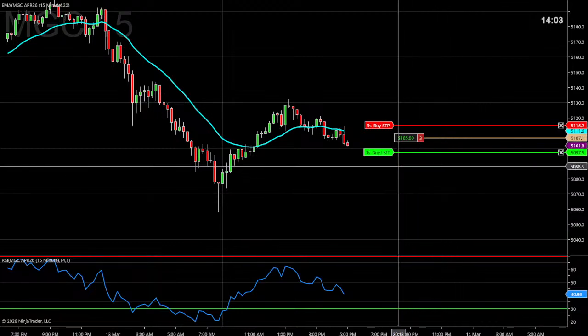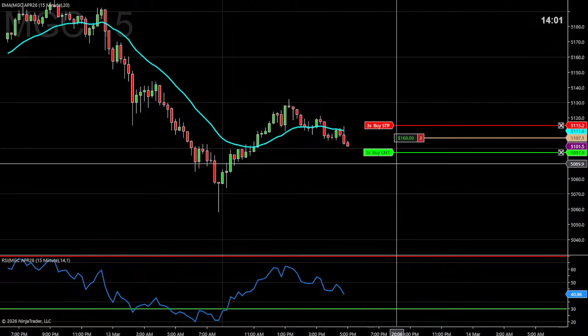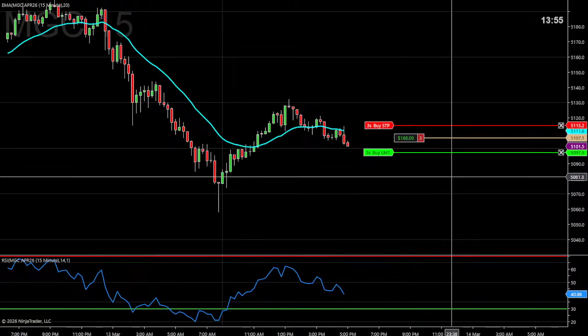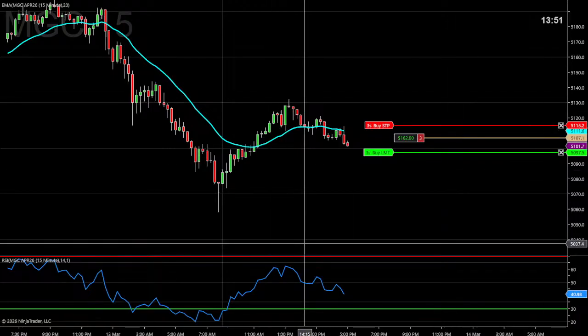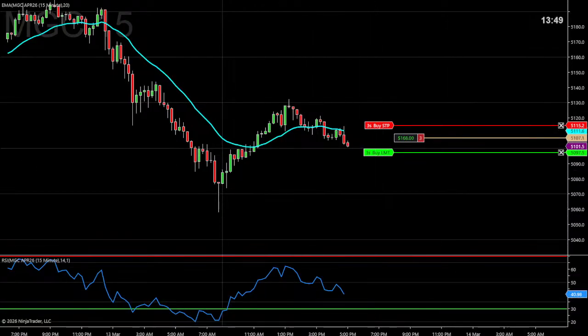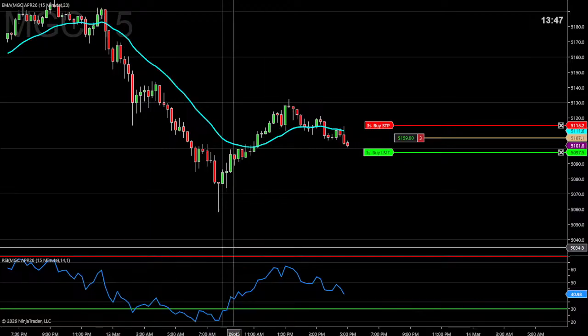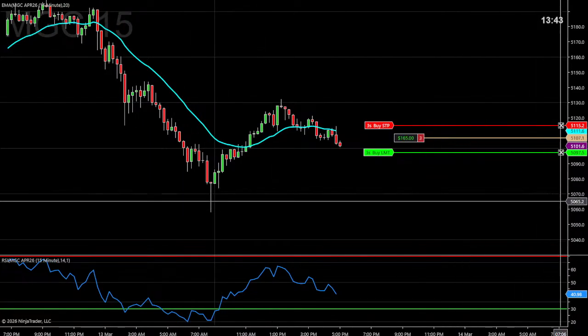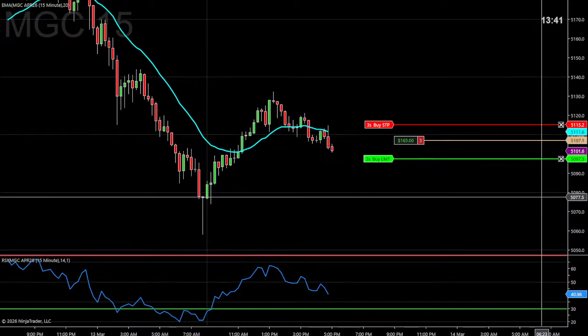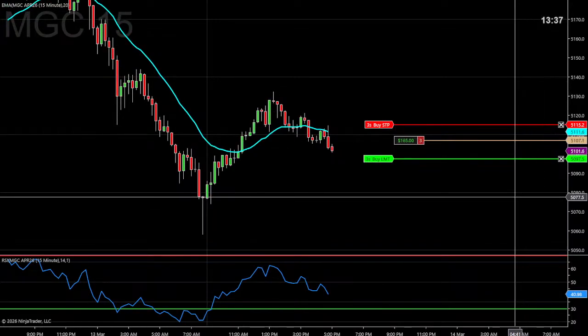Move my, that's weird. My stop loss didn't really, I swear my stop loss is the same.